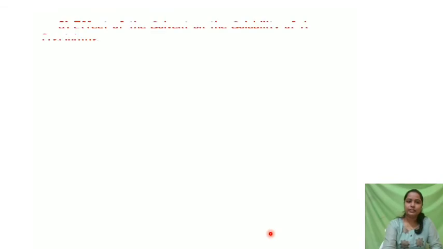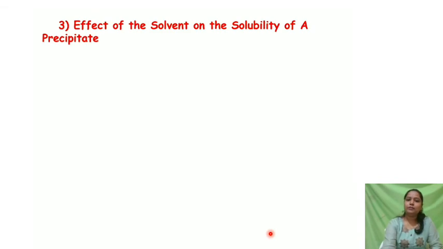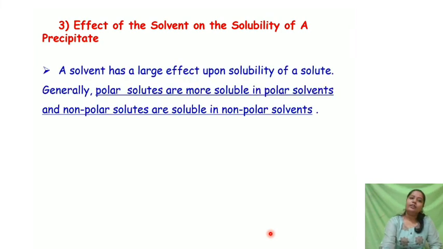Then the third factor is the effect of solvent on the solubility of a precipitate. A solvent has a large effect upon the solubility of a solute. Why? Because we know that generally polar solutes are more soluble in polar solvents and non-polar solutes are soluble in non-polar solvents.